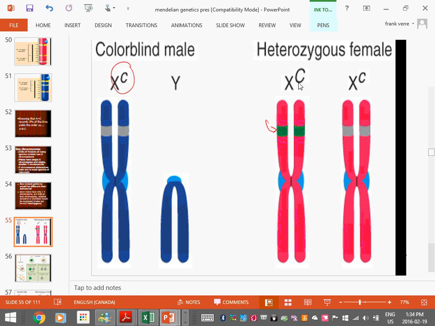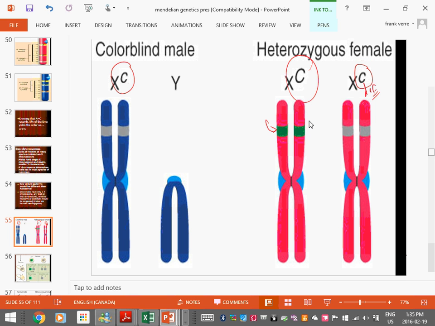Women have 2 copies of it. So if a woman is heterozygous and the little c stands for a defective copy, which means that you produce proteins that cannot see green color, and it's recessive, then this female should still be able to see green because she has 1 dominant copy.